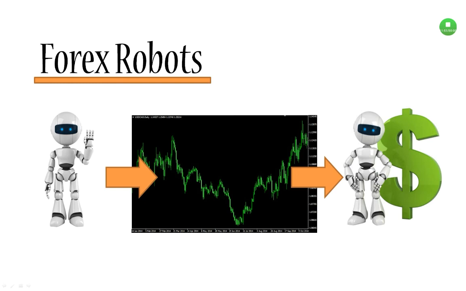The second massive advantage of algorithmic trading, which can for some people be even more important than the first one, is the psychological side of things. When you're trading with your own hands and with your own mindset, you have to make certain decisions and you have to watch the market and see your profits and losses, and that can have a massive toll on your emotional state.